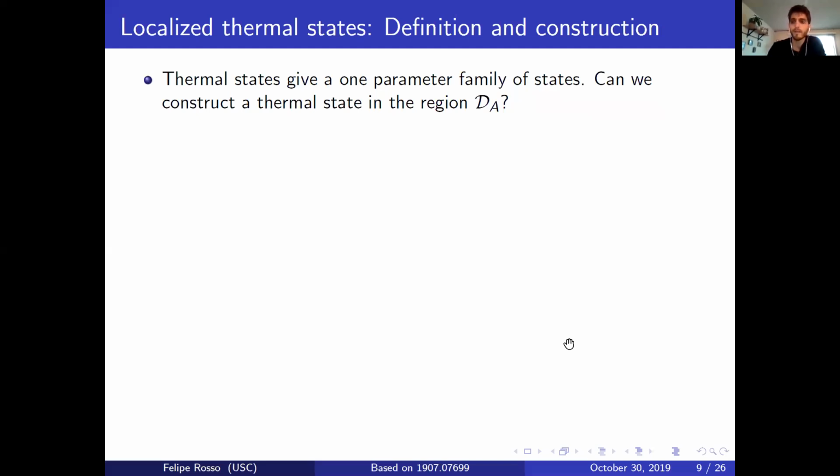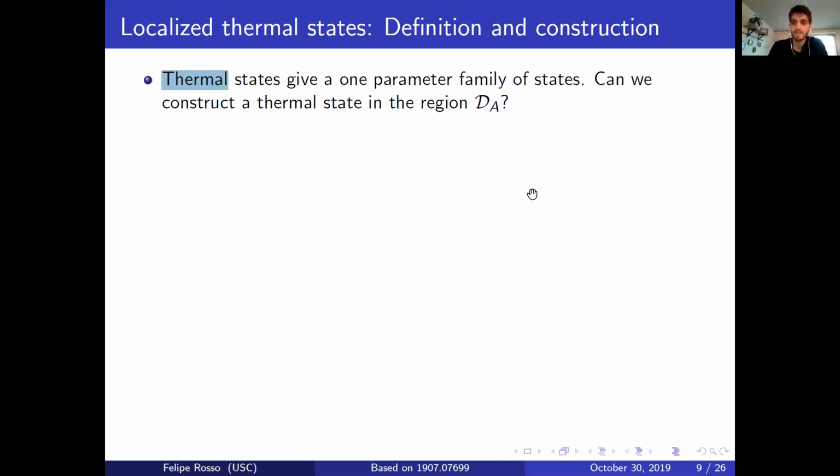The idea is we want to construct a one-parameter family of states, and we know that a very simple family of states that we usually consider are thermal states, okay? And usually they are very simple to study. So the question is, can we define a thermal state that is only defined in this region, okay?